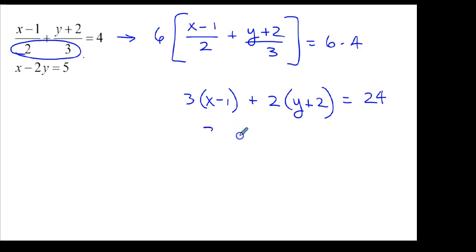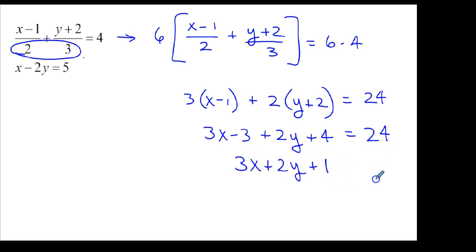Simplifying it further, distribute the 3, distribute the 2, combine the constants on the left, and then isolate the constant over on to the right-hand side, so that we have 3x plus 2y equals 23. That is the first equation transformed.